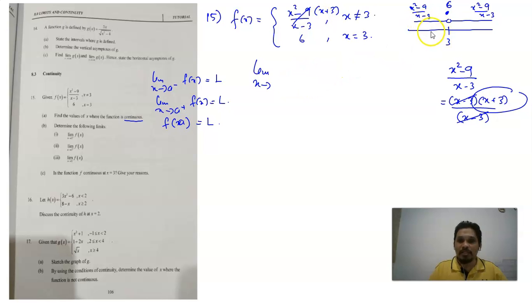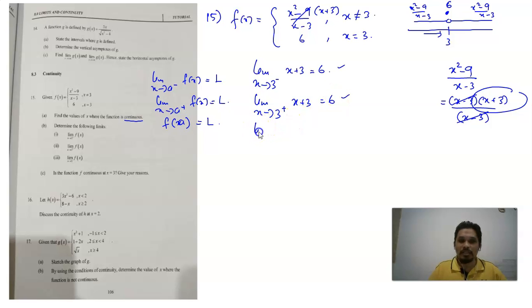So when x approaches 3 from the left, we come up with x plus 3. Substitute x with 3: 3 plus 3 equals 6. The limit as x approaches 3 from the right of x plus 3, after simplifying (x minus 3)(x plus 3) divided by (x minus 3), then substituting x with 3, 3 plus 3 equals 6. So the limit from the left and the limit from the right are equal.